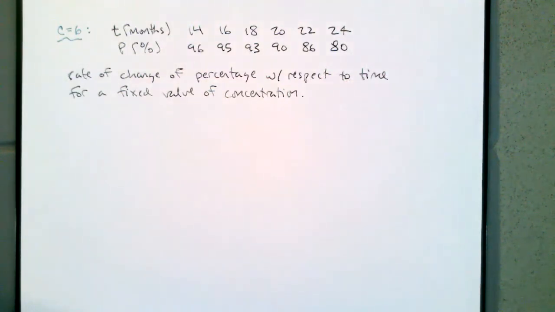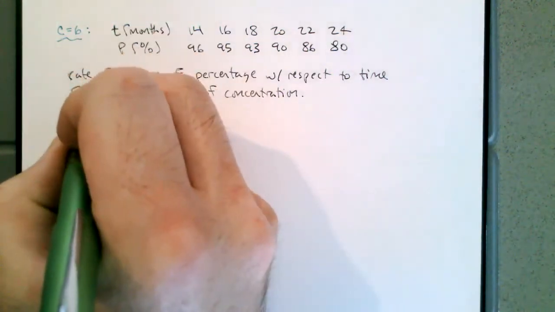In the previous question, we were looking at the rate of change of the percentage with respect to concentration. How does concentration affect the percentage of surviving rats at a fixed point in time? And now we're analyzing the other direction. How does time affect survivability of rats for a fixed concentration? And so here we'll be calculating dP over dt.